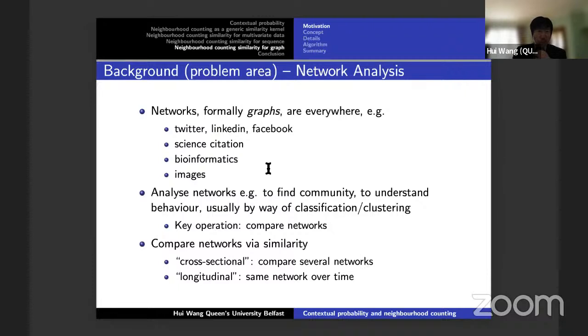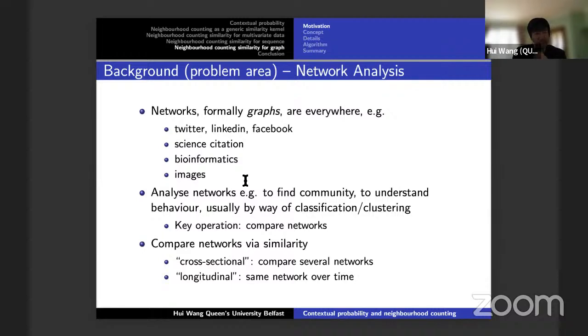Okay, so we know the graph is quite common, and network analysis is an active research area. For example, Twitter and LinkedIn all have an underlying graph or network structure. And we usually want to analyze the networks, for example, to find a community in the network in order to understand the behavior of the people underlying the network.